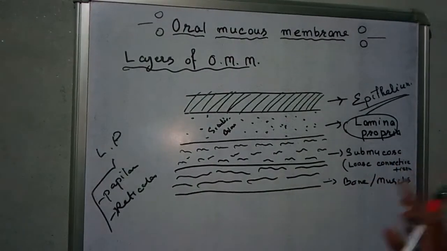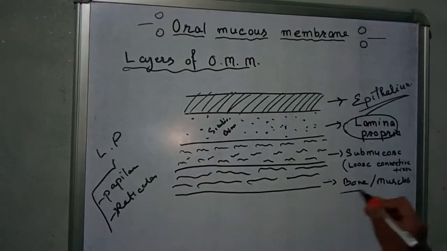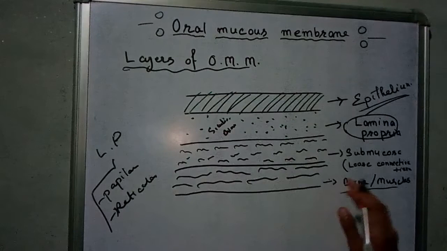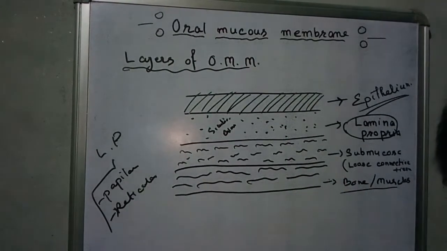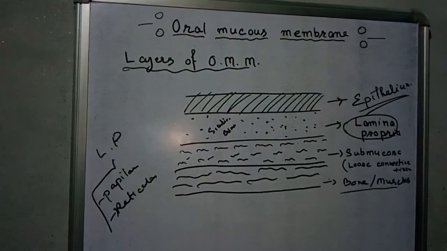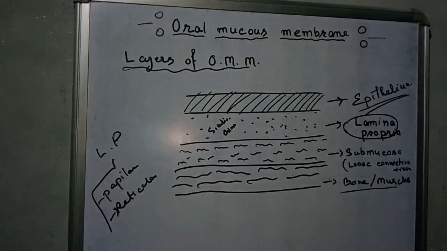So that is submucosa, and the last layer is bone or muscles. So it was the brief description of oral mucous membrane.